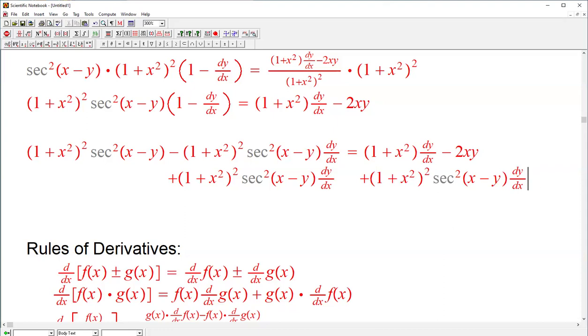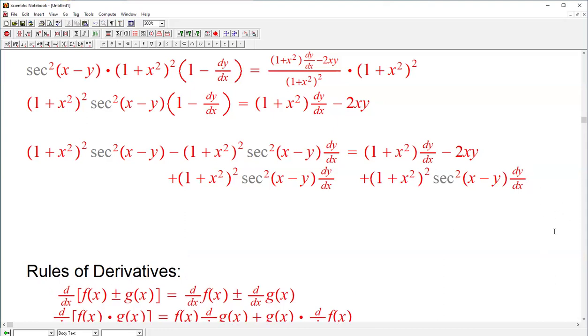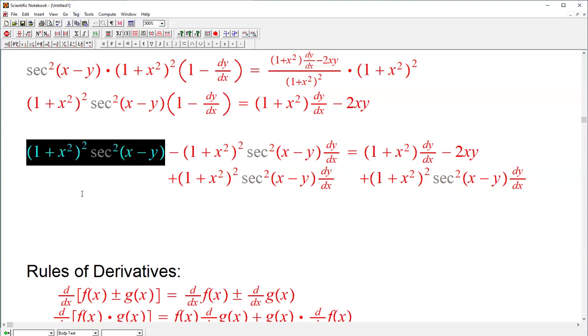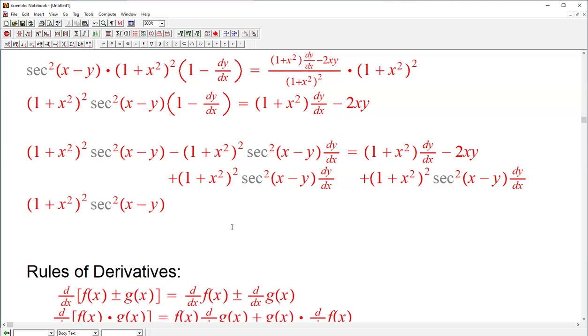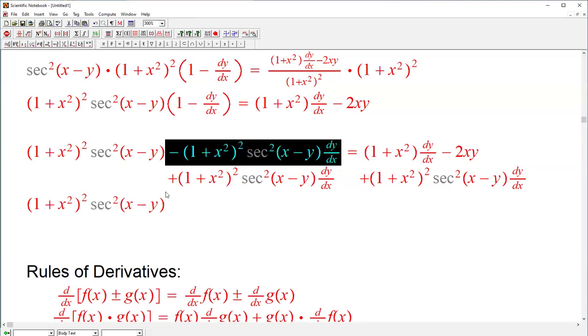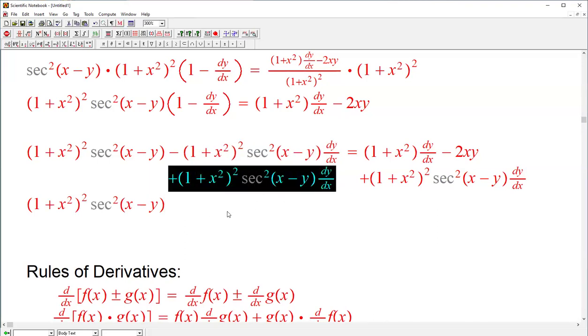After adding this on both sides, this time I'm going to do it in 2 separate steps, because otherwise it's going to be too messy. I'm adding this. As a result of adding this, I'll only have this piece left on the left-hand side because these 2 pieces make 0, right?